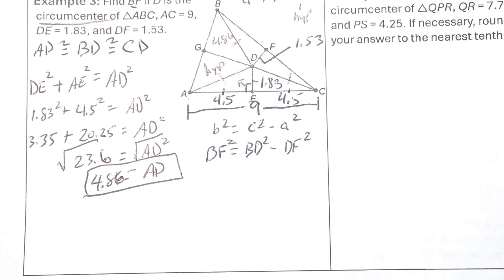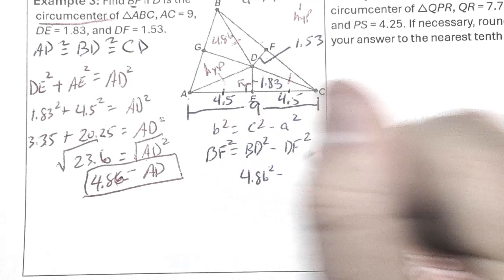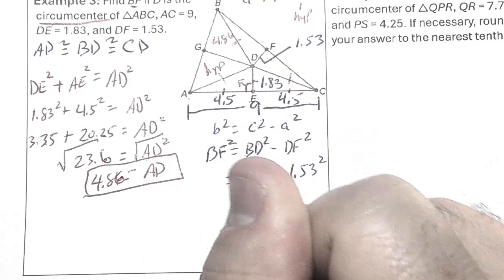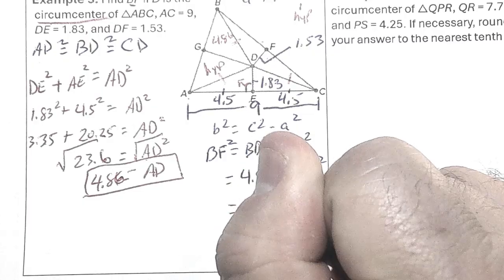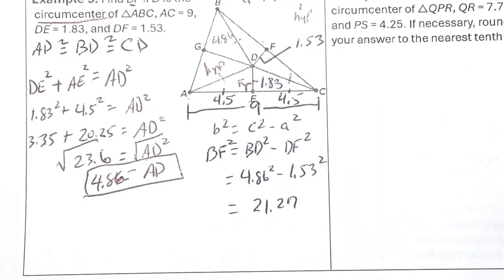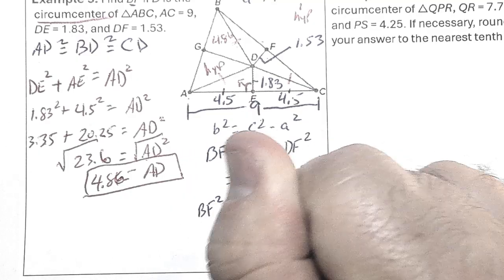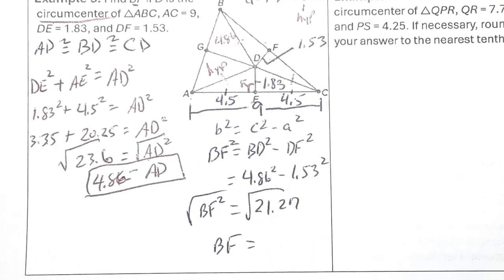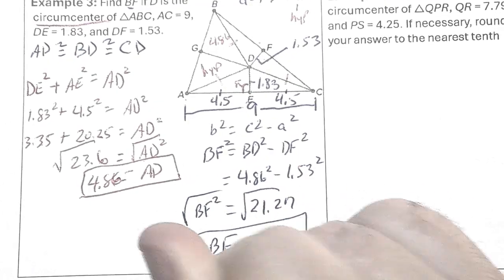Let's go down. So BD squared, that's 4.86 squared minus 1.53 squared. And we do those, and it ends up being 21.27. Again, we're going to use the calculator, is what I hope you guys will do. So take the square root, BF is going to equal 4.6.